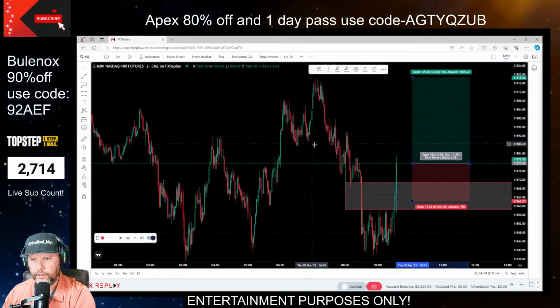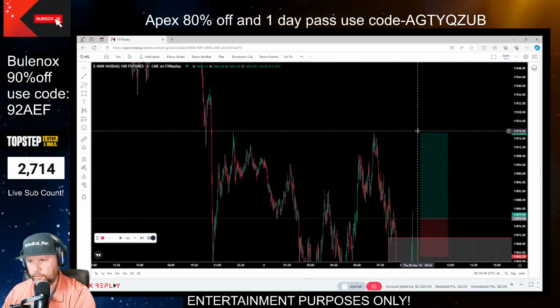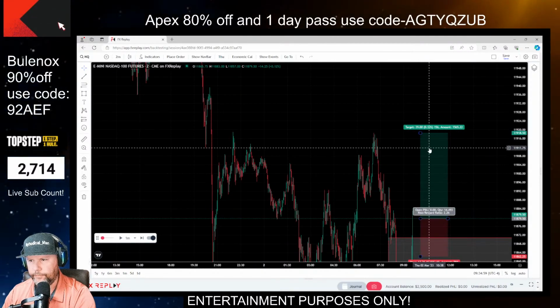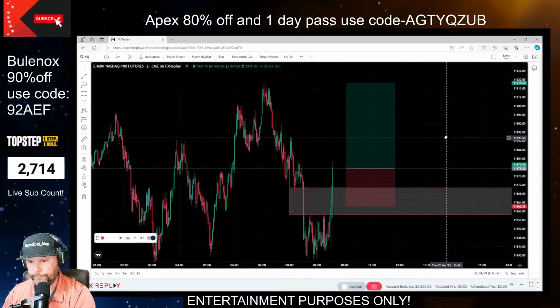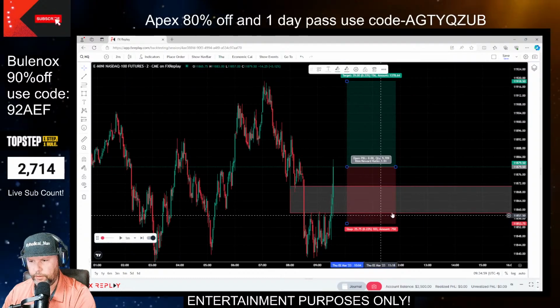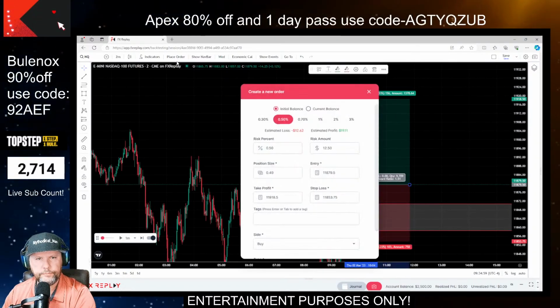And we would target kind of up here. 39 points. Yeah, that seems reasonable. Stop would be obviously a close back below. It's kind of a 1.5 to 1 here.